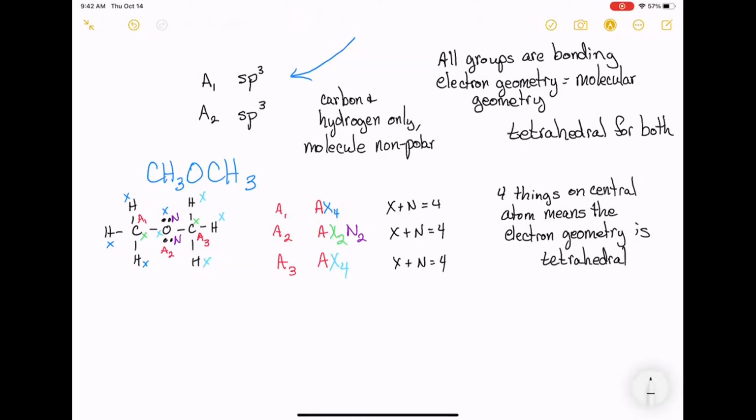So for all 3 of them, it is tetrahedral. And if I were to just draw out a tetrahedral to make it easier for us later on, this would be the tetrahedral structure. So that is true for all 3 of our central atoms.